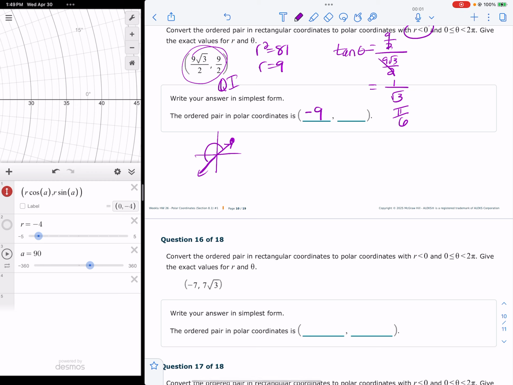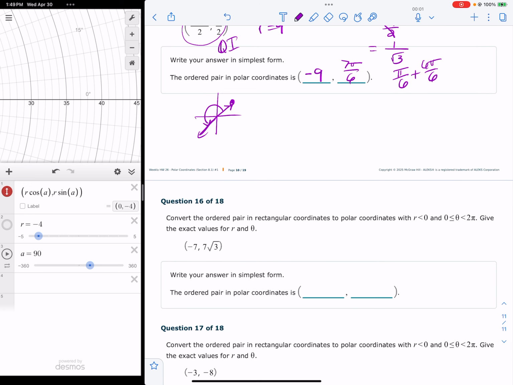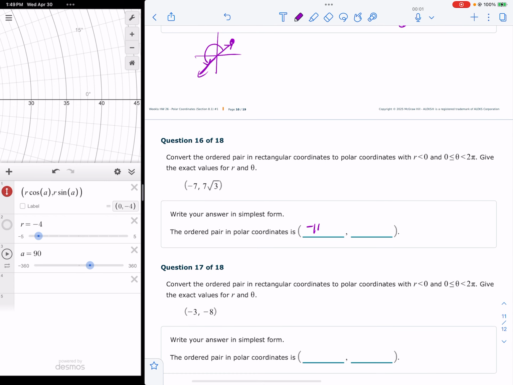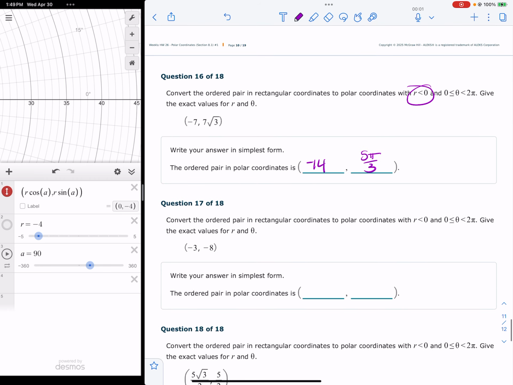So we want the angle that's 180 from pi over 6, and that would be 7 pi over 6. So you just take the pi over 6 and add 6 pi over 6. All right, 16, you should end up with negative 14 and 5 pi over 3. Same thing, pay attention. They want r as a negative value.